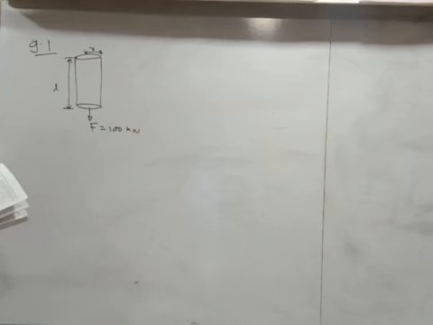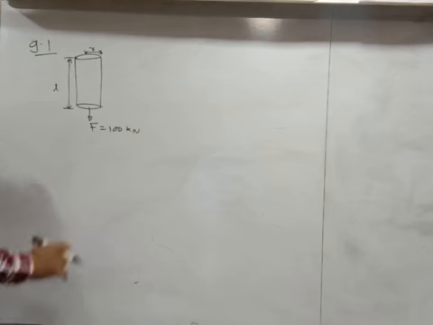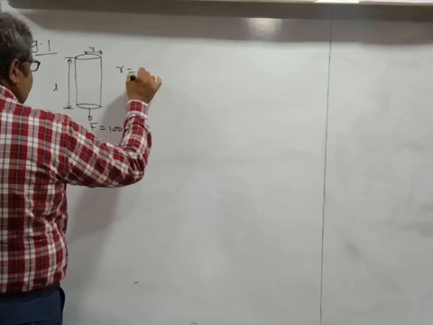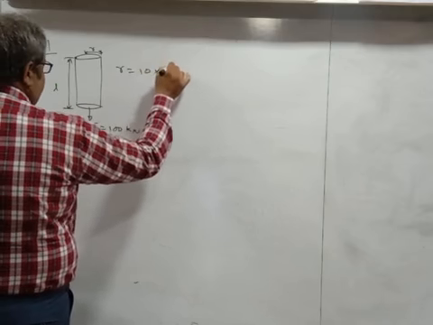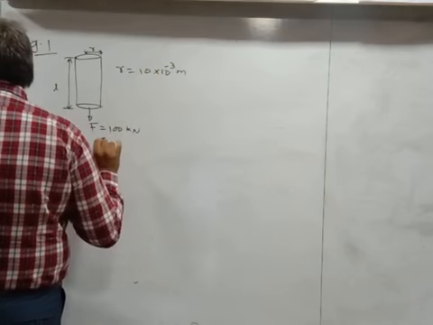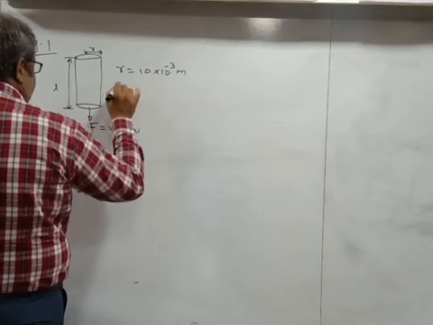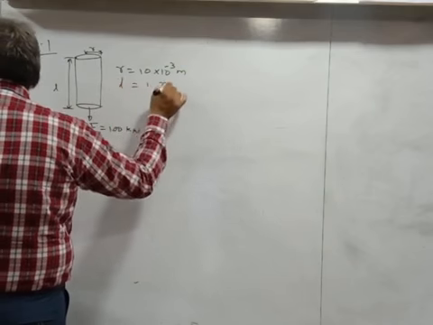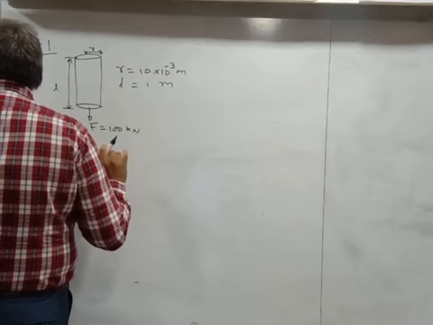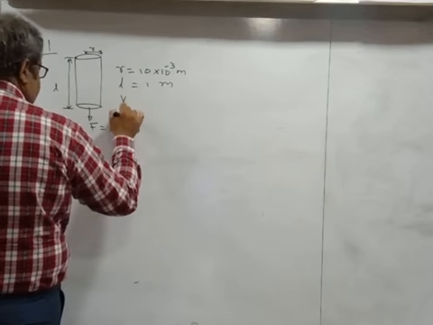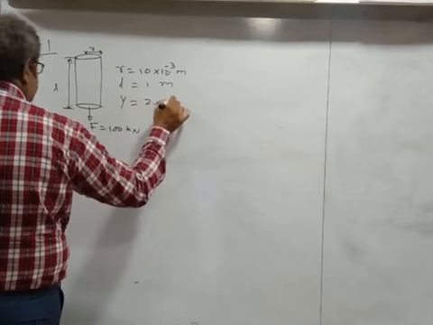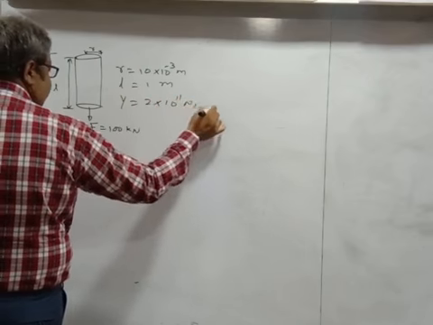Okay, so the radius is given here as 10 mm. So r is equal to 10 × 10⁻³ meter. Millimeter is converted into meter, and the length is 1 meter. Okay, so we can say Young modulus is also given here as 2 × 10¹¹ Newton per meter square.